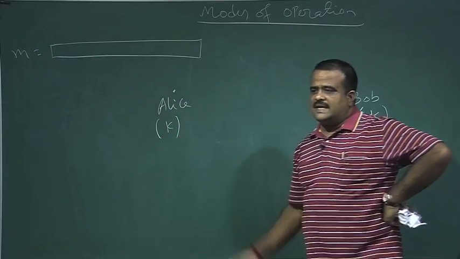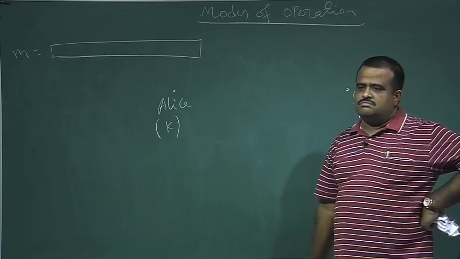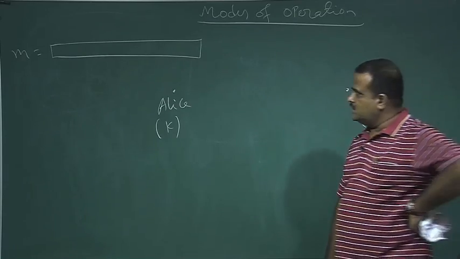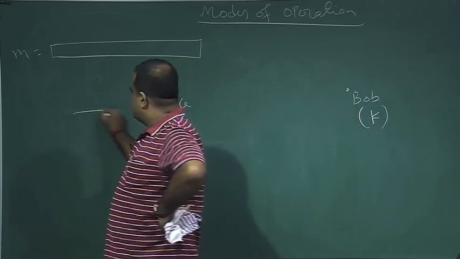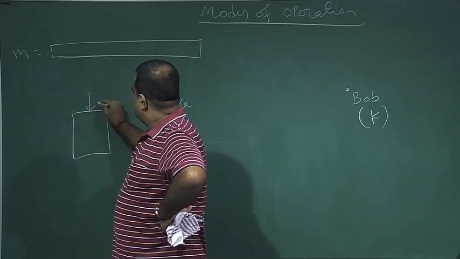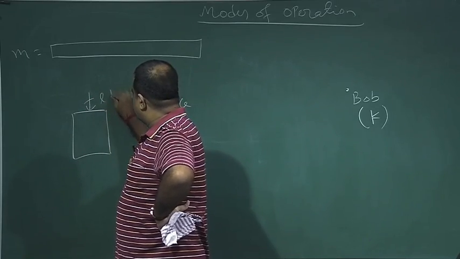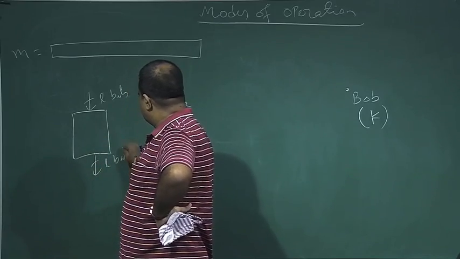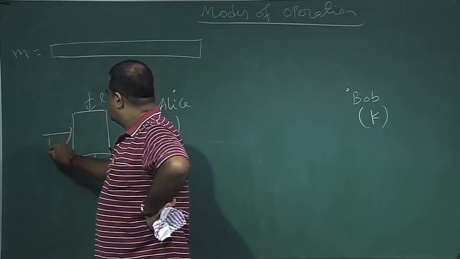Now, suppose Alice and Bob want to use a block cipher for their encryption purpose. So, they have an L bit block cipher with the same key size.